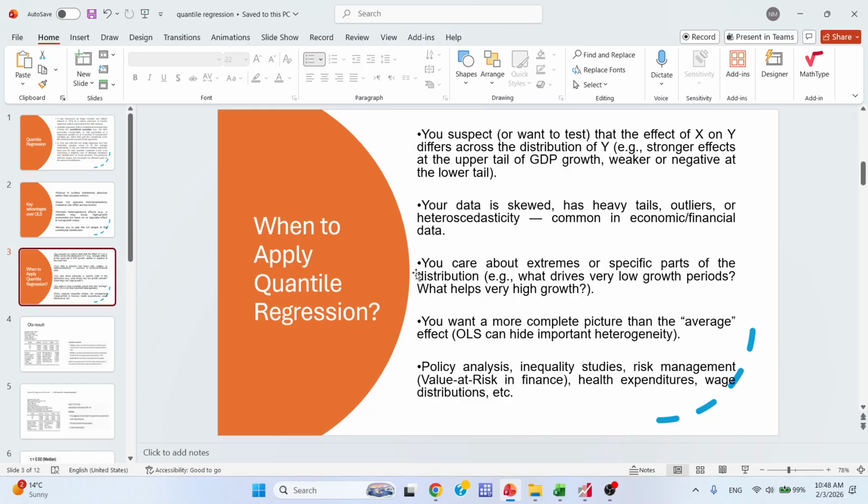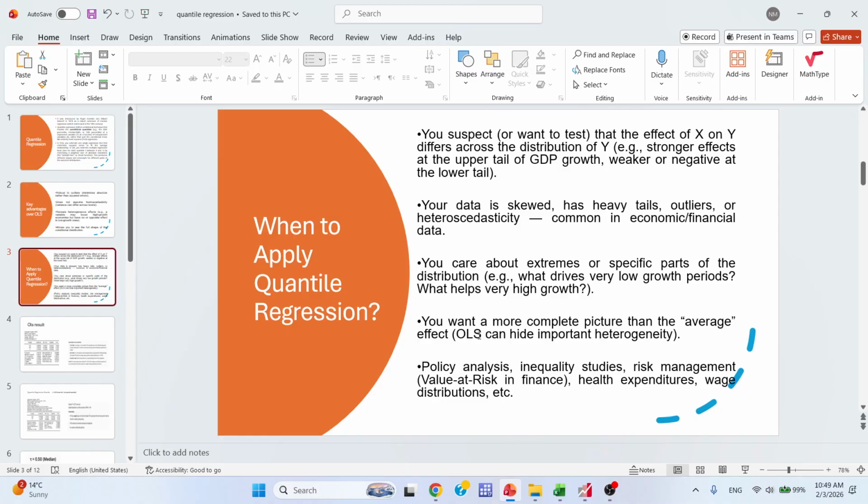The third case is when you care about extreme or specific parts of the distribution: what drives very low growth periods, and what helps very high growth. The next is when you want a more complete picture than the average.